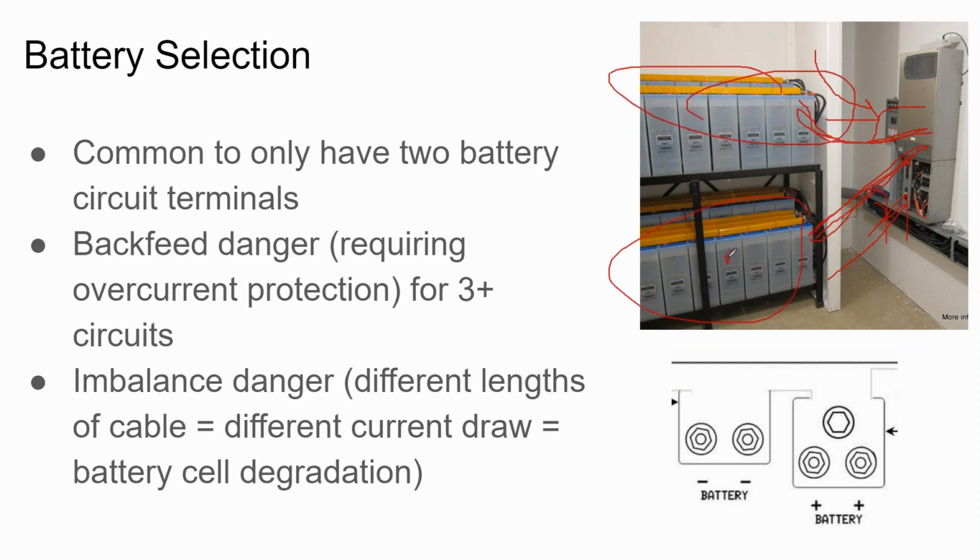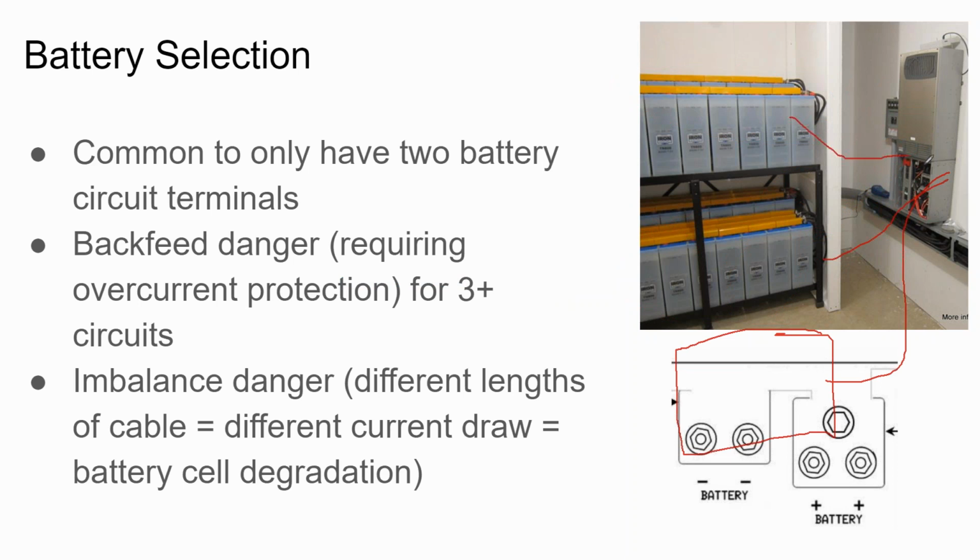And when one battery cell starts to go bad, it has a cascading effect. If you had three circuits of batteries, then the problem gets even worse because of the resistance on the long, furthest away circuit. The more parallel circuits you have, the more mismatch you're going to have between your circuits, and the more degradation of these batteries is going to occur.